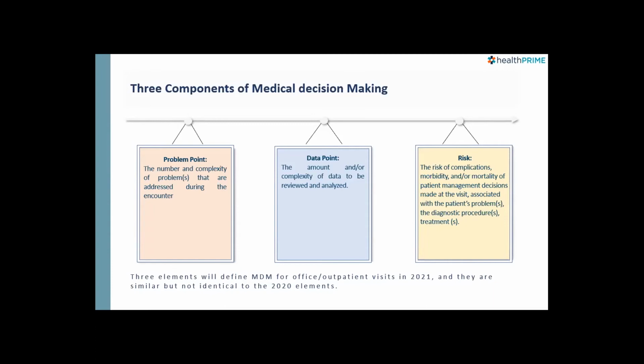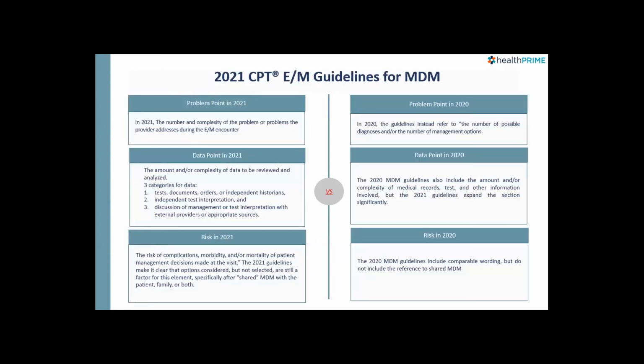These 3 components are similar but not identical to the 2020 elements, because we know that in 2020 also we were considering the same 3 components, but it is not exactly similar to how it used to be in 2020. So let's review the E&M guidelines for medical decision making for 2021 and how it was in 2020.